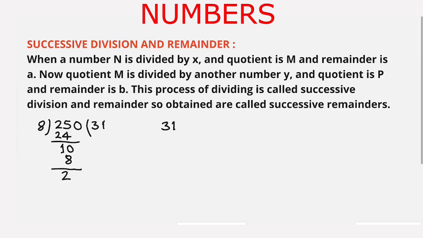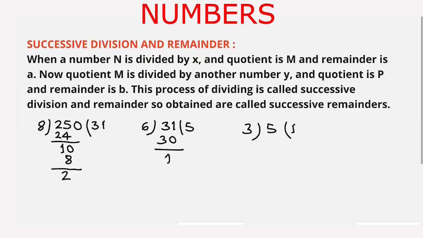Now 31 is divided by another number 6. 6 divides 31 for 5 times. Now the remainder is 1 and quotient is 5. This quotient 5 is again divided by the third number 3.